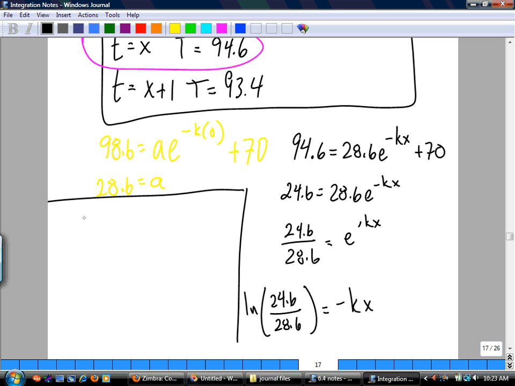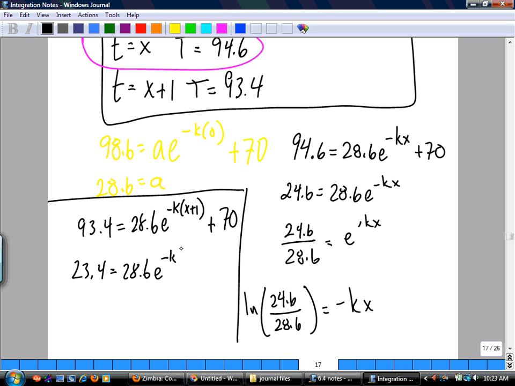So with the other piece of information, 93.4 equals 28.6 e to the negative kx plus 70. Yeah, exactly. You know exactly where we're going. So move the 70, 23.4 equals 28.6 e to the negative kx.